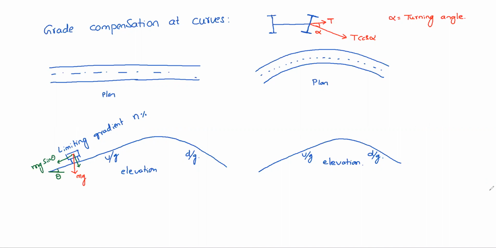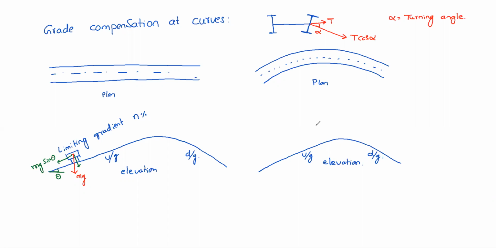See, as alpha increases, the net available tractive force T cos alpha will decrease. We need this tractive force to negotiate the up gradient as well as the curve, so both are negative effects. While traveling on the up gradient, mg sin theta is opposing.